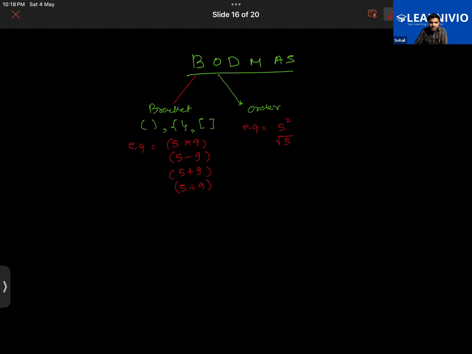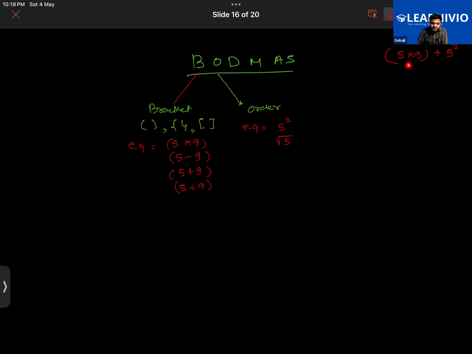Whenever you see such operations, they have to be done after the operation in the bracket has been done. For example, 5 multiplied 9 plus 5 square. Out of these two, what should I be doing first? I should first do the operation under the bracket.